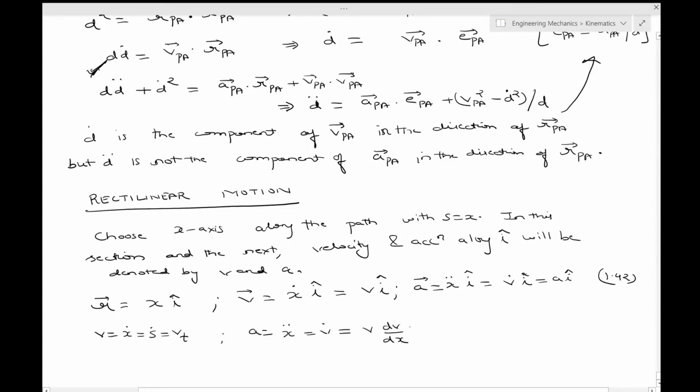And this will be equal to s double dot equal to a_t. Can you recall this? If the answer is no, now is the time to go back and revise and then come back and see if you can answer this. Sorry, 1.43.